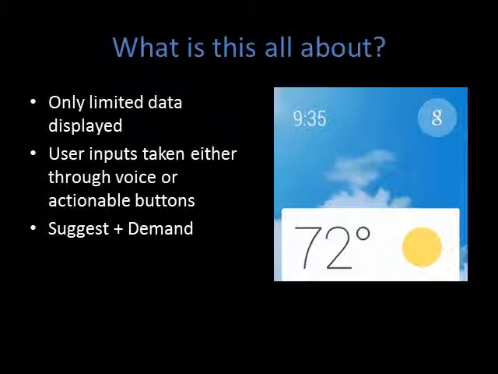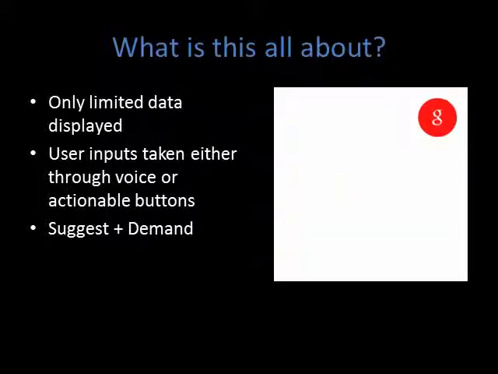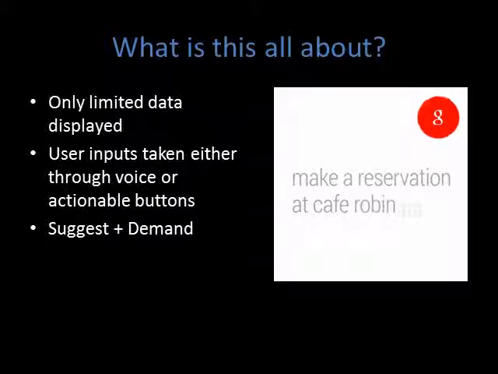And modes to take user inputs. In a smartphone app, you can type in your data, or you can use voice. So you have a QWERTY keyboard, or an inbuilt on-screen keyboard where you can enter the data, which is typically fine for a smartphone. But with a device like Android wearables, where you have a limited screen size, it doesn't really make sense to have an inbuilt keyboard.